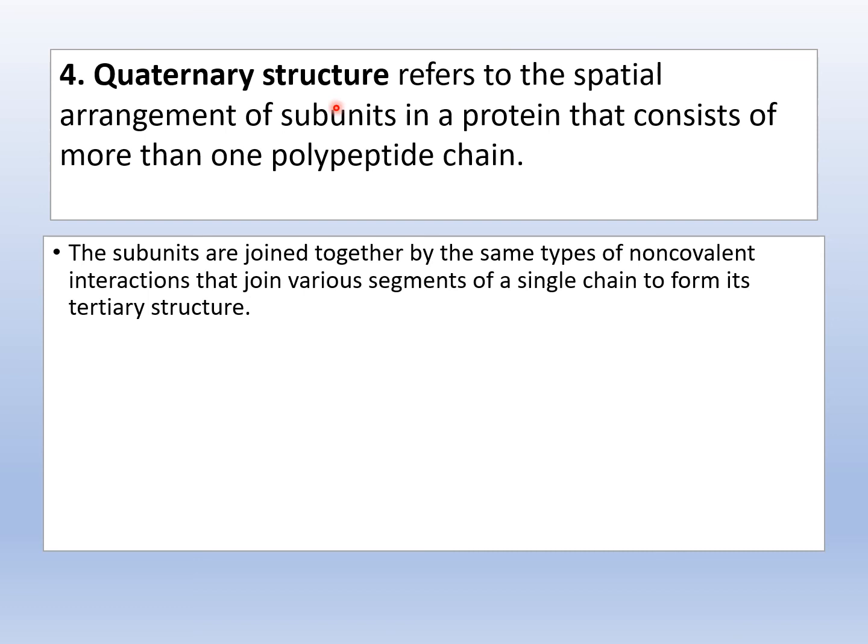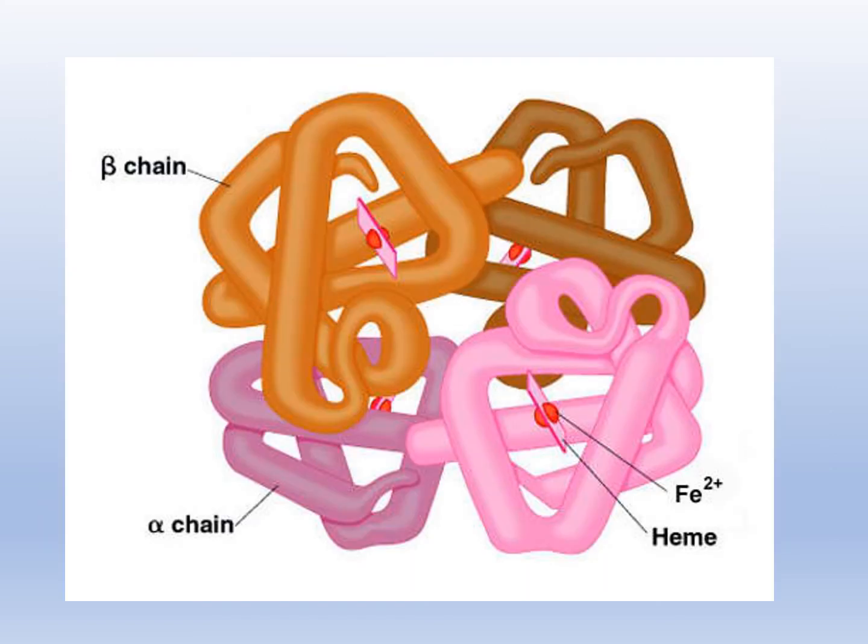Let's have the quaternary structure. It refers to the spatial arrangement of subunits in a protein that consists of more than one polypeptide chain. The subunits are joined together by the same types of non-covalent interactions that join various segments of a single chain to form its tertiary structure.